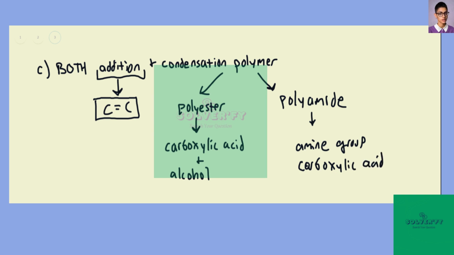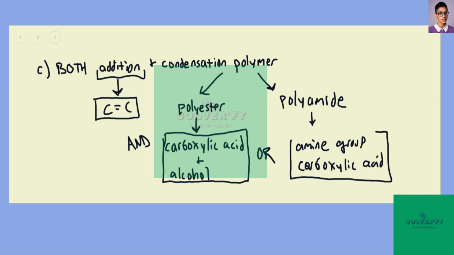So to form both an addition and a condensation polymer, we're going to need that double bond, and we're going to need a carboxylic acid and an alcohol to make the polyester, or we need an amine group and a carboxylic acid to make the polyamide.